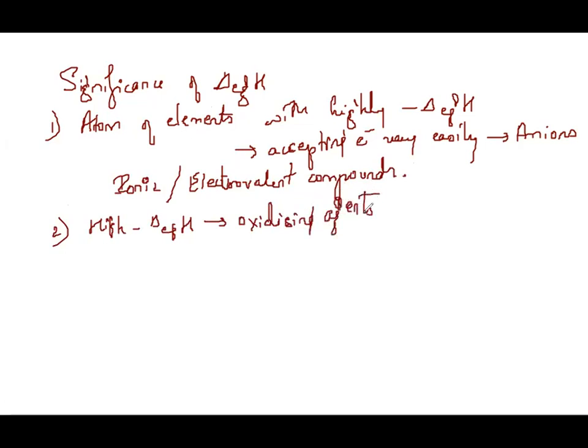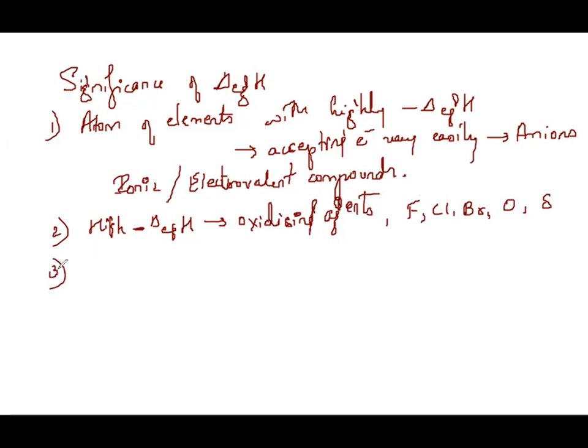We saw that metals have very low ionization energy and act as reducing agents, whereas those which have high negative value of electron gain enthalpies act as strong oxidizing agents. For example, fluorine, chlorine, bromine, oxygen, sulfur, etc. They act as oxidizing agents. They tend to accept electrons very easily.